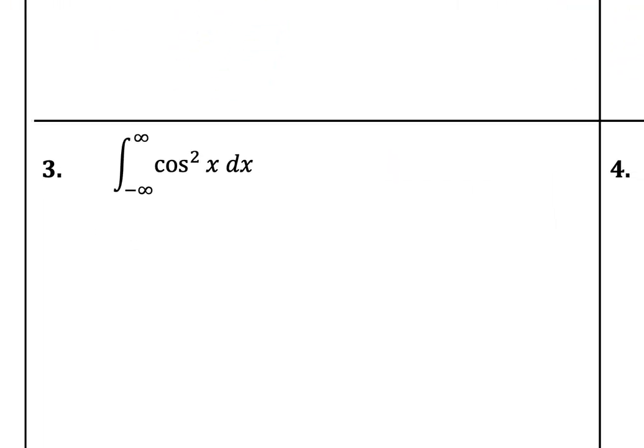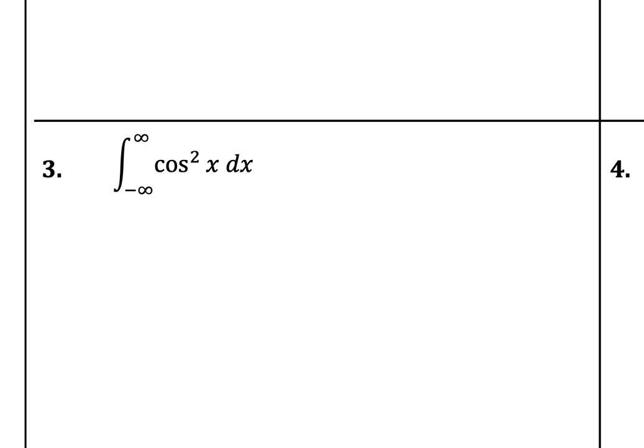Okay, so you can't really integrate squared trig functions except for secant squared and cosecant squared, since that's tangent and negative cotangent. But with these, you have to use trig identities.